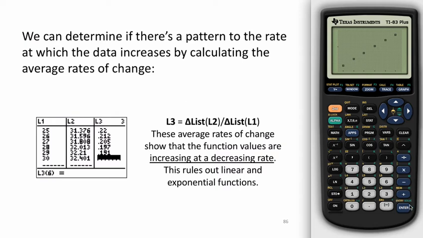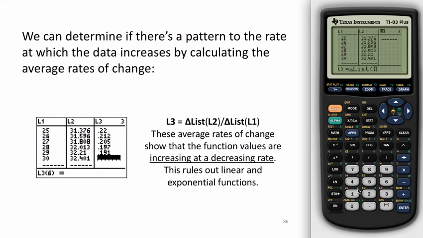So another thing that I could have done instead of that mechanical process, which is fine, that's the way I chose to do it, is to test directly for linearity by calculating the average rates of change. Because that actually can give us more information than either linear or not.